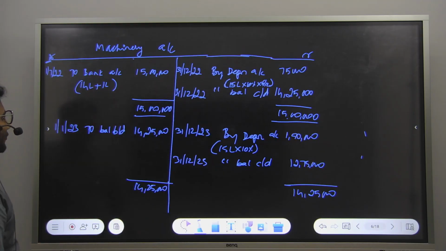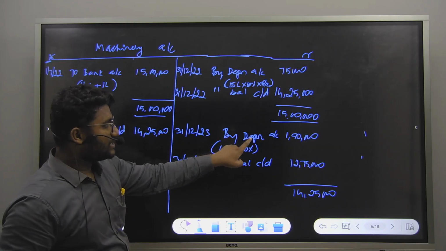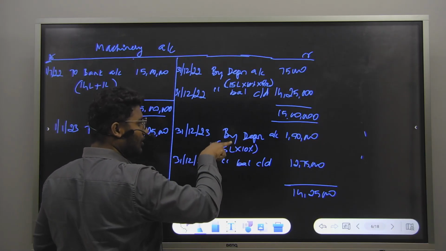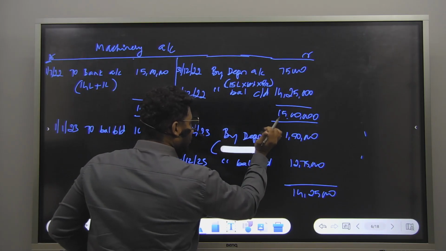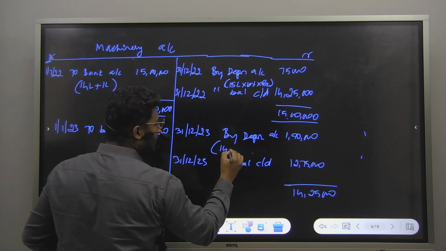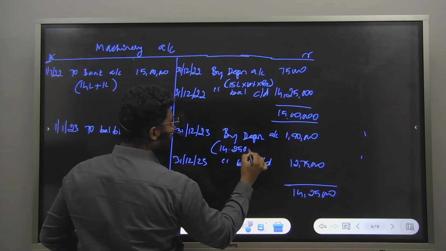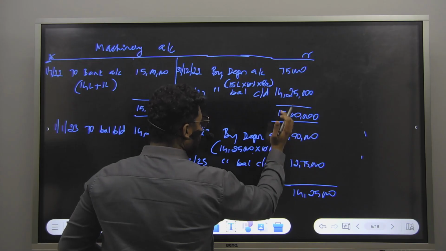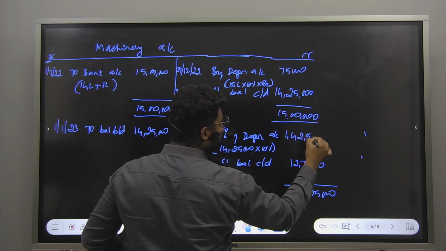In the second year, what happens? The balance is 14,25,000. Second year depreciation you have charged. Under straight line method, you charged on 15 lakh rupees, the original value. But here you have to charge it on the depreciated value. 14,25,000 into 10%, that comes to 1,42,500.